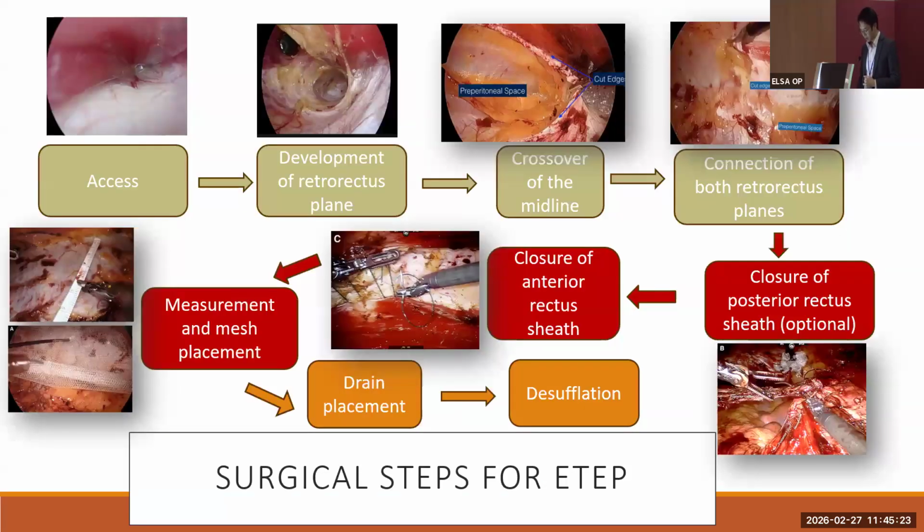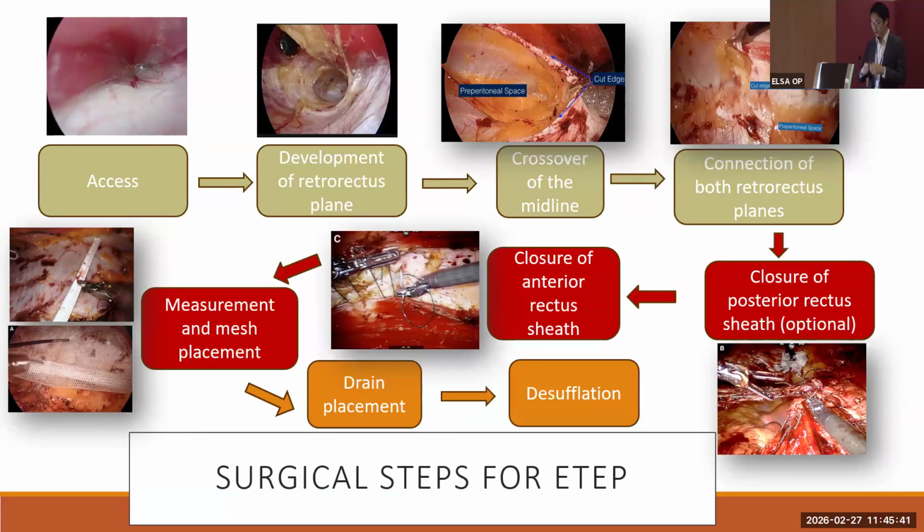Yes. Okay, just very briefly, some of the surgical steps in eTEP surgery, right? Whether you're doing it through laparoscopic means or robotic means, the steps are fairly similar. Okay, first of all, you gain access into the retrorectus plane, or in other words, the eTEP plane.